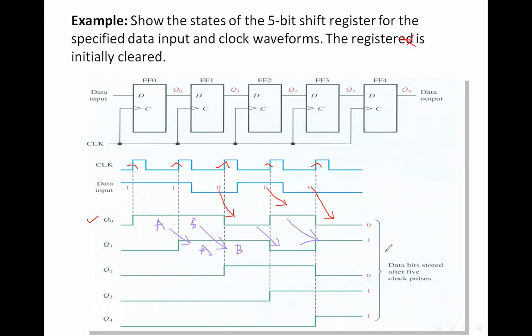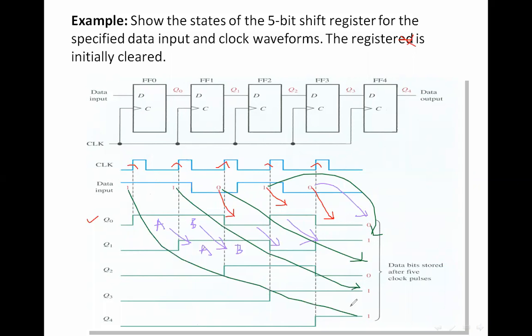Okay. So finally, I will be getting a 0. Sorry, 1. First I got a 0. So 0 will be here. And at the next instant of time, 1 should appear here. In the next instant of time, only 0 will appear. 1 will appear. And then only 1 is transferred to Q4.